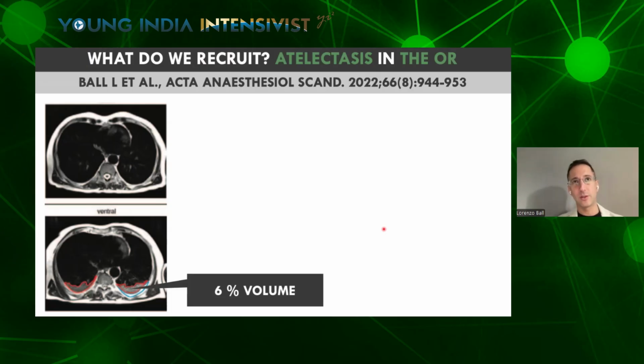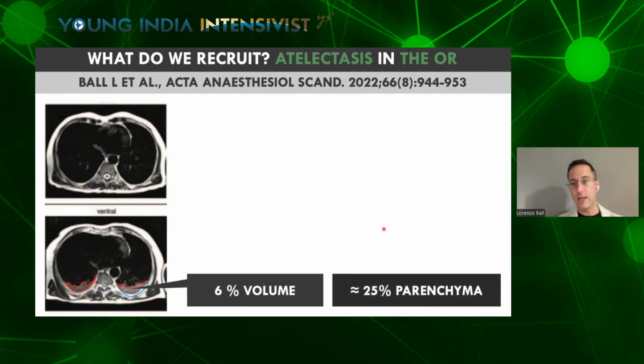But if we measure the density, as we have learned before, we estimated that normally aerated lung is more or less 0.2 of density, and atelectasis is more or less the same density as water, we realize that this small region is actually 1/4 of the lung collapsing just for the fact of inducing neuromuscular blockade, intubating the patient, and subjecting them to mechanical ventilation.